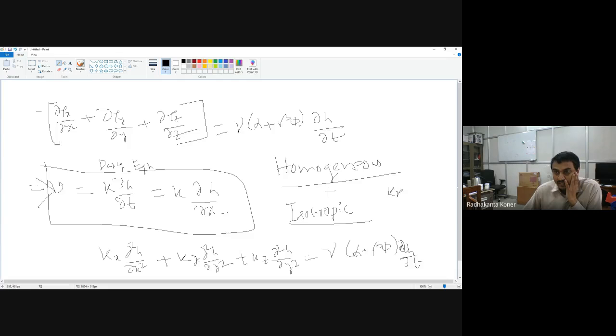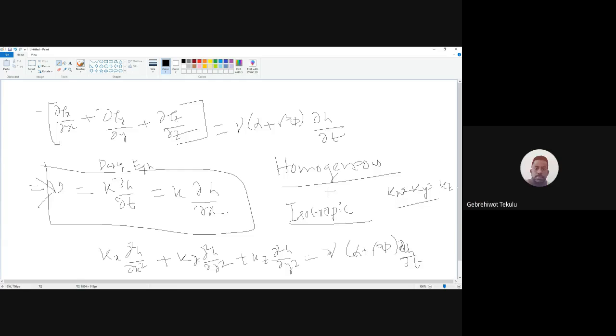Kx is equal to ky is equal to kz. If it is homogeneous and isotropic, it should be kx equal to ky equal to kz.